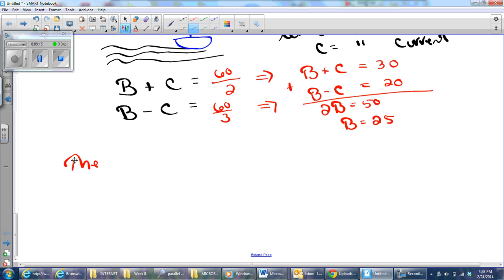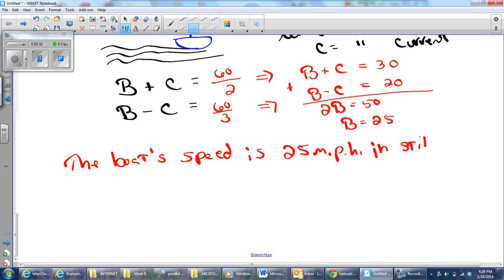So the boat speed or rate is 25 miles per hour in still water.